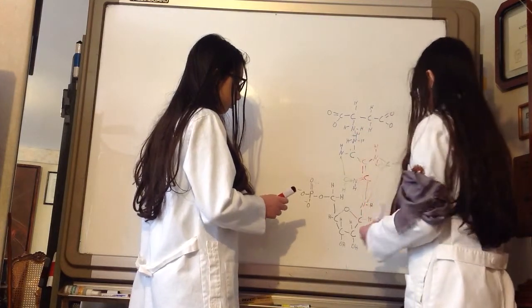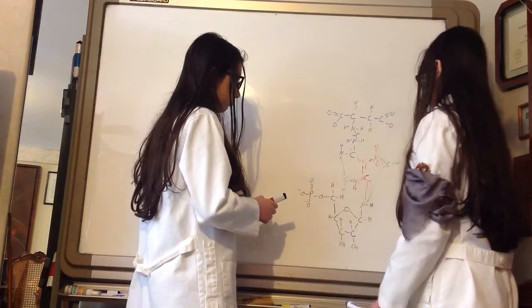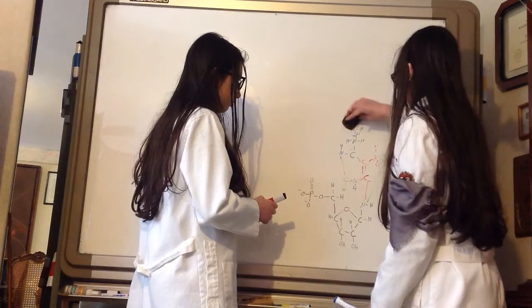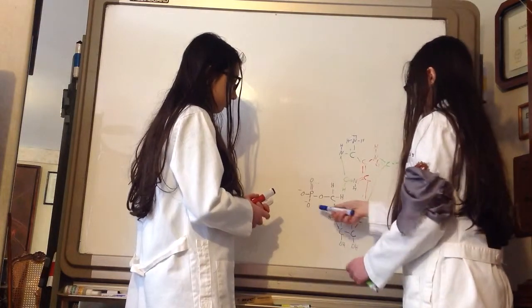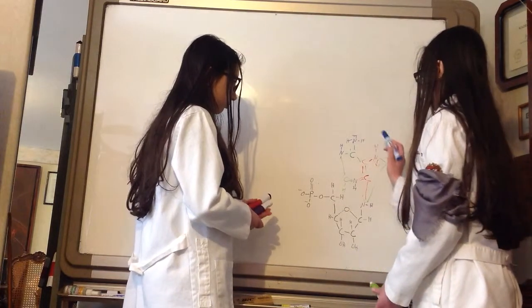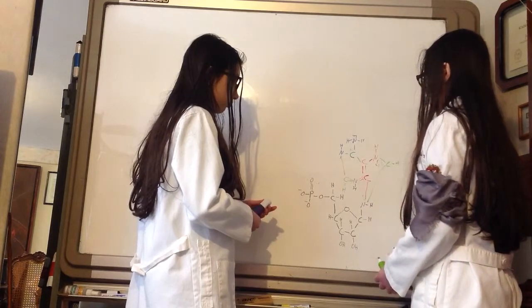And so now the base, instead of being hypoxanthine, is adenine, and with the ribose is AMP. So this amino group came from the aspartate.